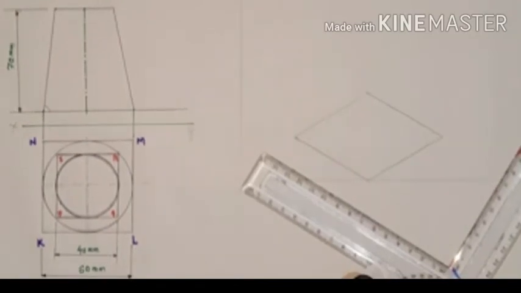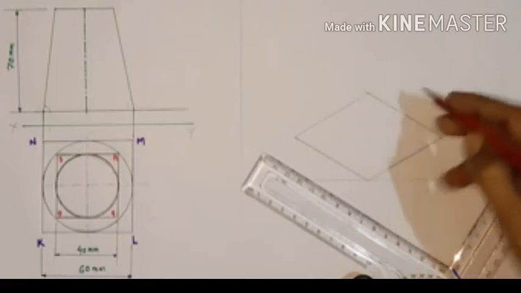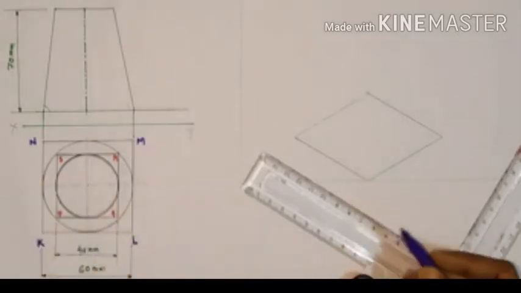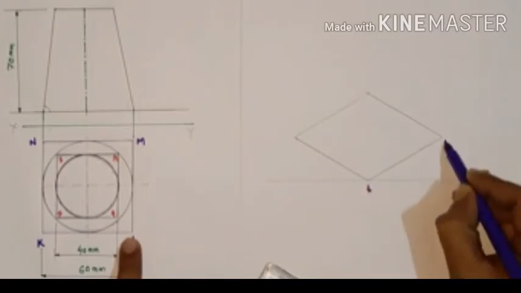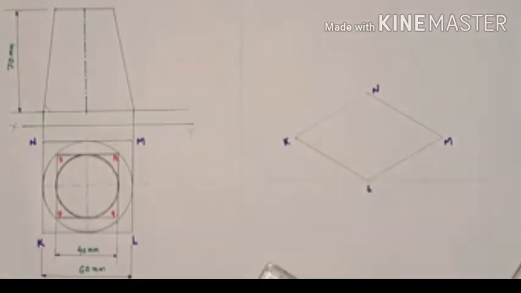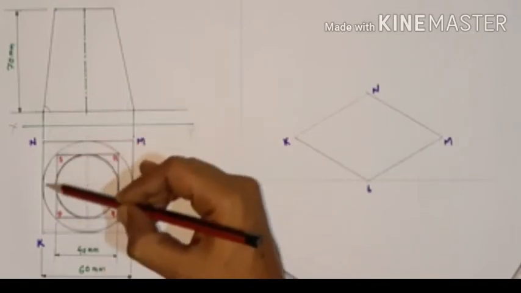So now, just when we complete the cylinder, the isometric view of the cylinder, the same procedure is adopted here. Firstly, we need to take this dimension from here. Starting from here, this is your L, this is your M, then this is your N, and this is your K. Right now, select the midpoint, because this is your 60 mm circle, and this box is also 60 mm.